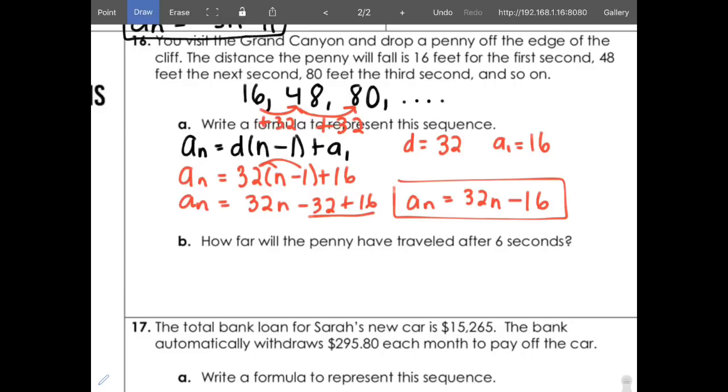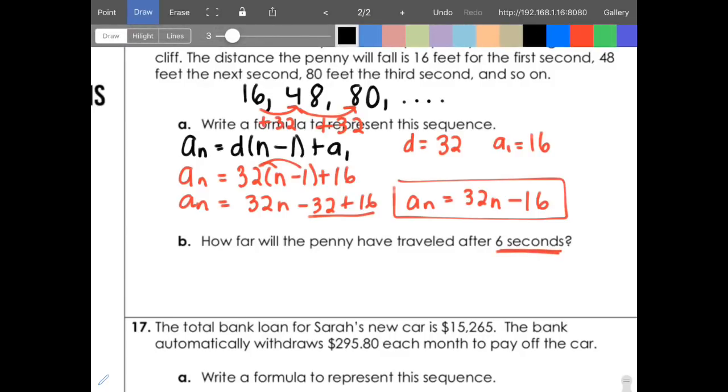Now the next question says, how far will the penny have traveled after 6 seconds? So we're going to plug in 6. 6 is our n, so this is just saying n equals 6. a sub 6 equals 32 times 6 minus 16.